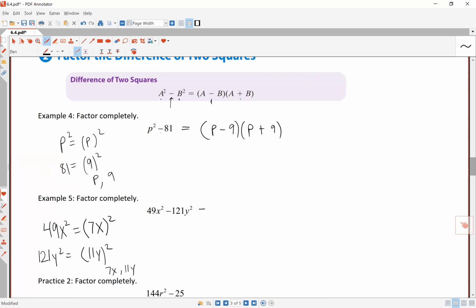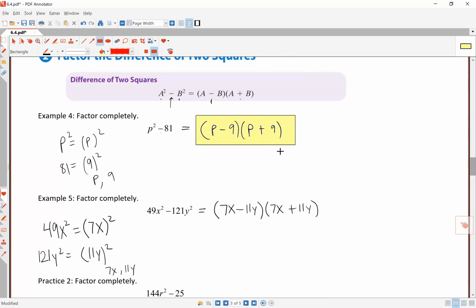So we subtract them and we add them. The difference of two squares factors as the sum and the difference of the same two terms.